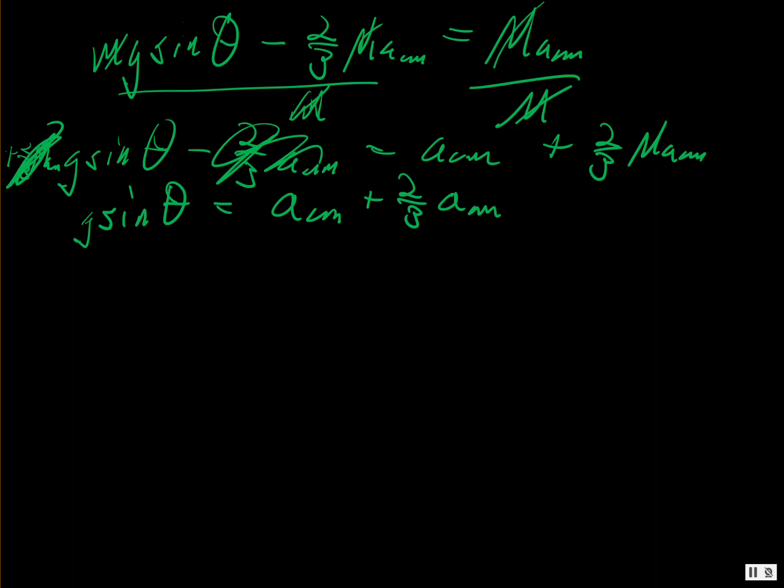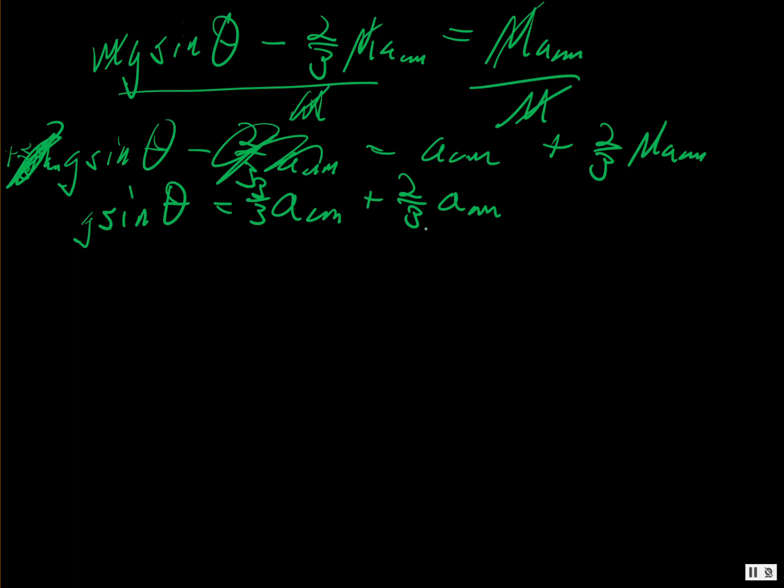Notice we have an a and a 2/3 a. Well, a is the same as saying what? 3 over 3 a, or 1a. Why are you doing that? Because you have a fraction, and we have to add both terms together, and the only way we can do it is with fractions. Here's our common denominator.